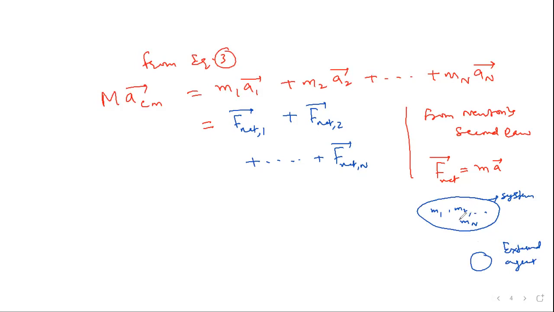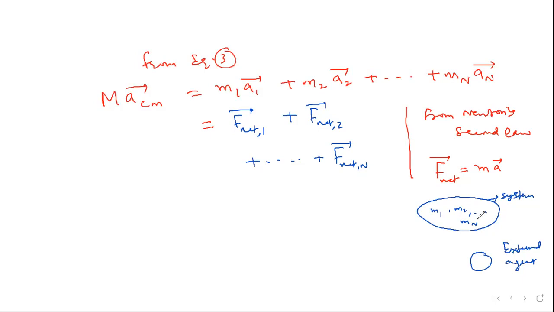The forces on M1 due to the rest of the particles in the system are internal forces, and the force on M1 due to an external agent is an external force.